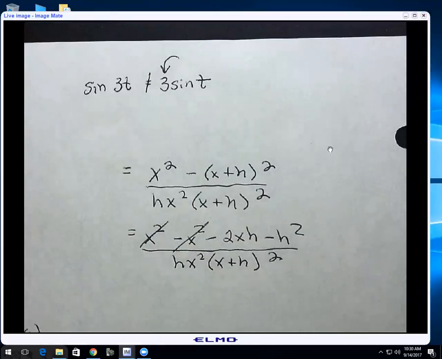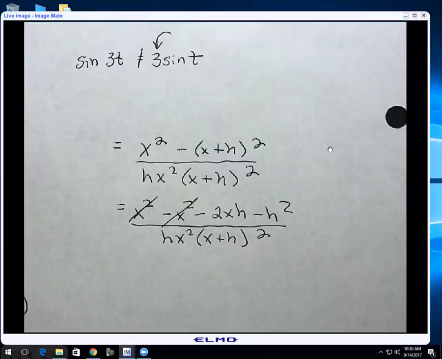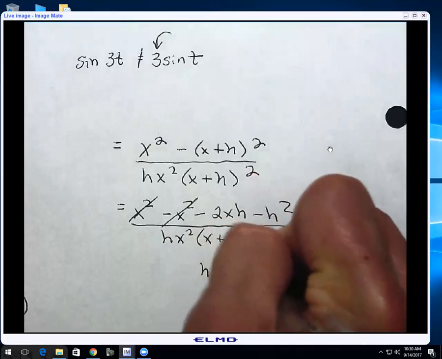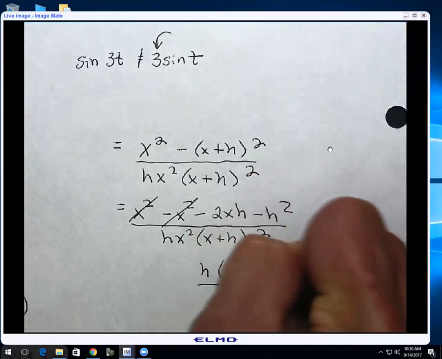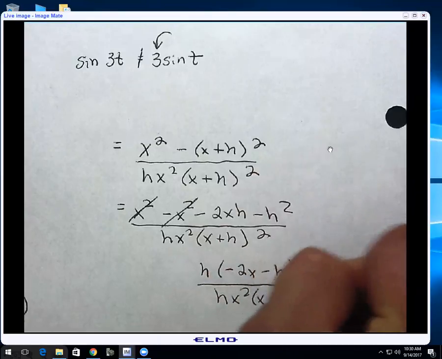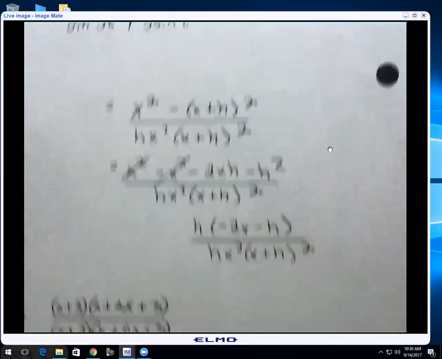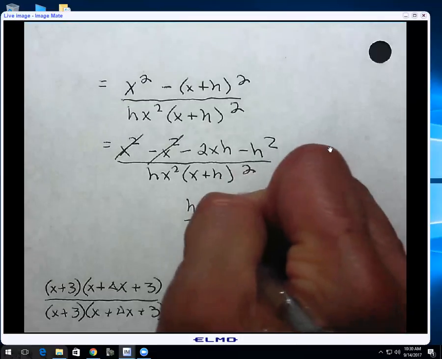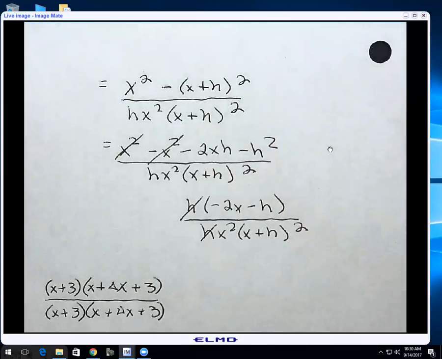What are the only two steps you could do that would simplify that further? You could factor out an h, so that you could cancel it with that h in the denominator.